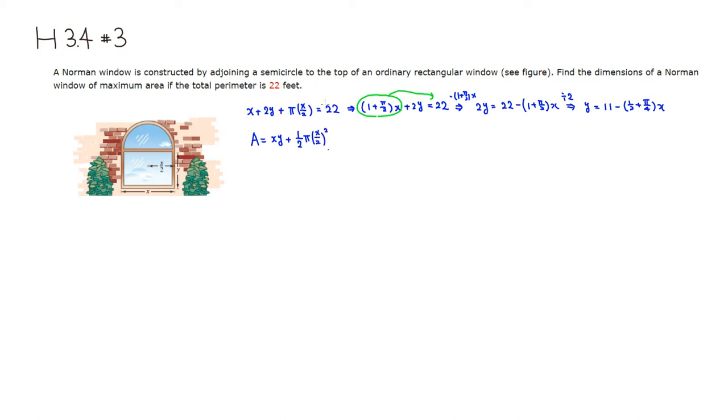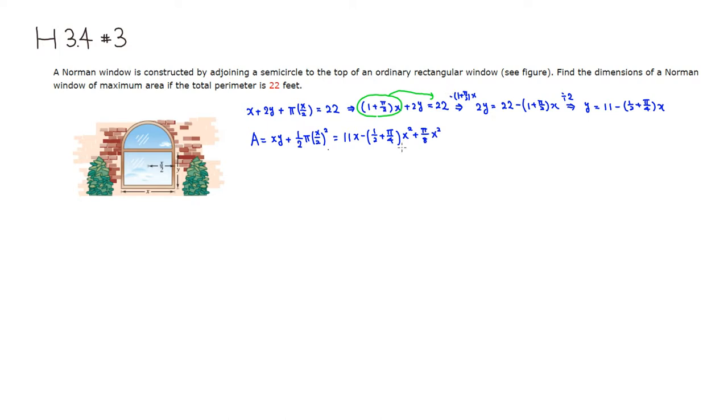So we already know that y is 11 minus 1/2 plus pi over 4 x, so I'm going to plug it in there. So we get 11x minus 1/2 plus pi over 4 x squared, plus this is going to be pi over 8 x squared.